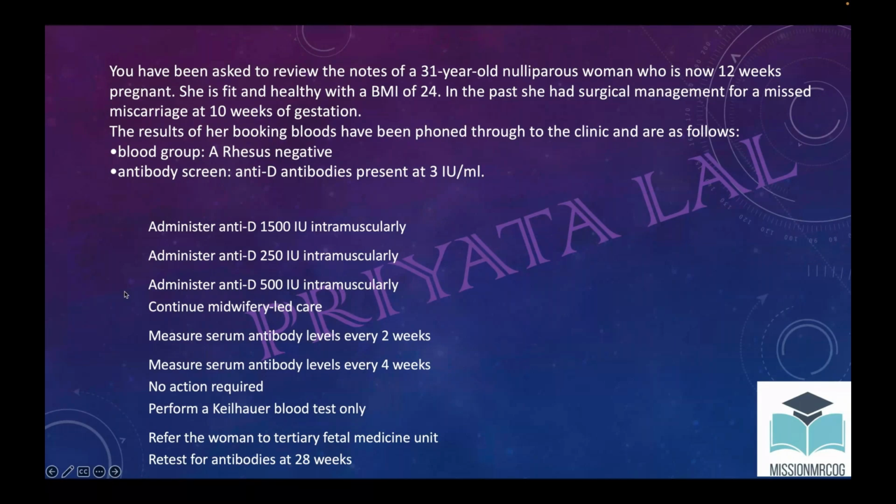The patient has anti-D present, so measure serum antibody levels every 4 weeks. If anti-D is more than 4, we refer to the fetal medicine unit, but it is 3, so 4 weekly testing is to be done, till 28 weeks.